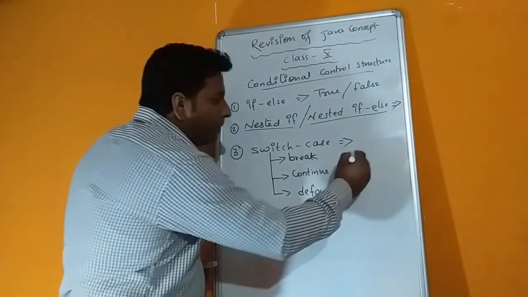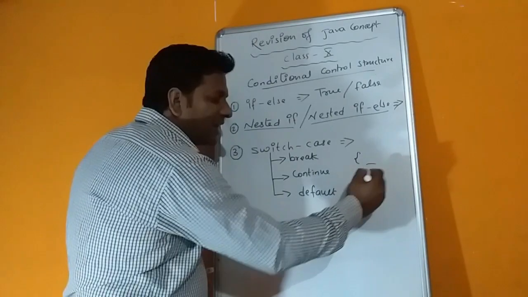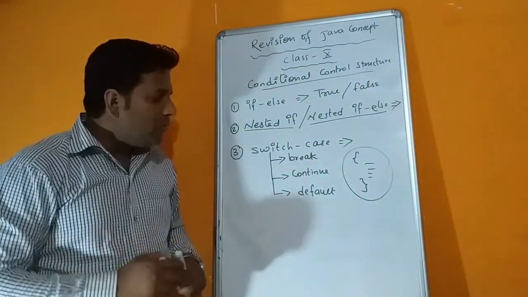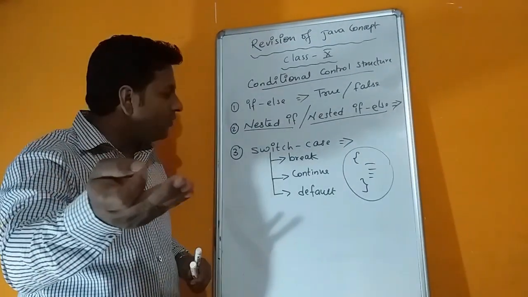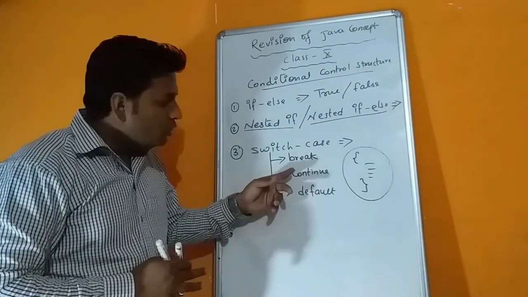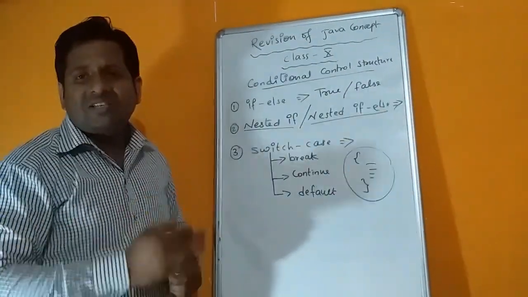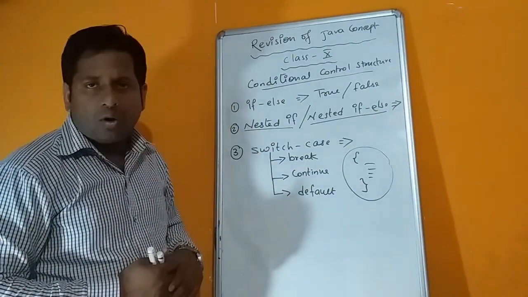Now what is a block? A block is a curly bracket. Whatever we write inside this is a statement, and this total becomes a block. So when we write a break, the control is directly transferred to the end of the block. Continue is just the opposite. It transfers the control to the beginning of the block, the starting of the block.